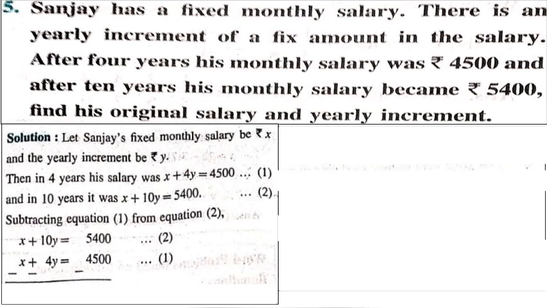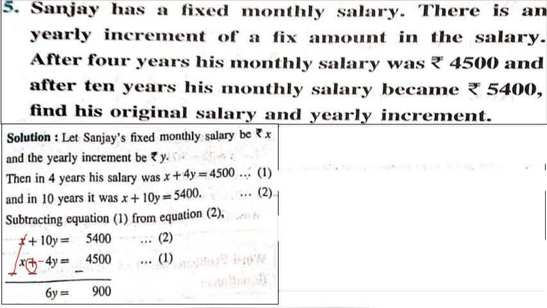Plus x minus x gets cancelled. Here plus into minus is minus. So 10y minus 4y is 6y. And 5400 minus 4500 is 900. So that's how we get 6y is equal to 900.